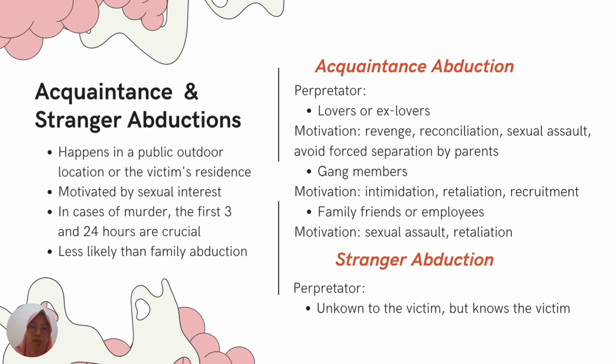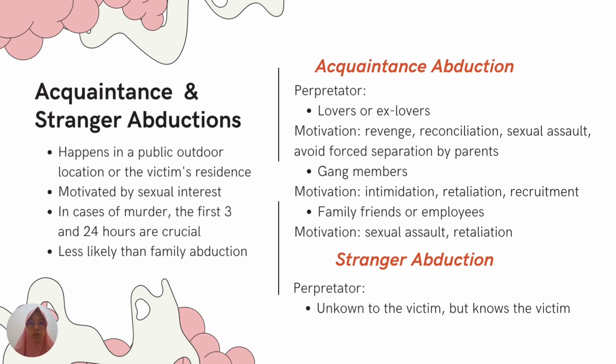Specifically for acquaintance abduction, the perpetrators are usually categorized into three. The first one is lovers or ex-lovers. The motivation of this type of perpetrator is usually revenge, because maybe they broke up due to a dispute or conflict, and the perpetrator wants to take revenge on the victim.